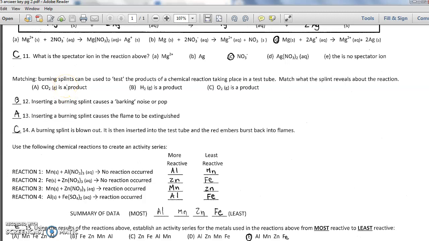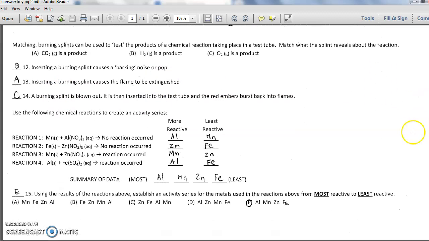You need oxygen for combustion, so if carbon dioxide causes the splint to go out, we know it must be produced in the reaction. If you take a burning splint and blow it out, and you insert it in a reaction producing oxygen, that splint will reignite because oxygen will cause the combustion to begin again. Letter C.